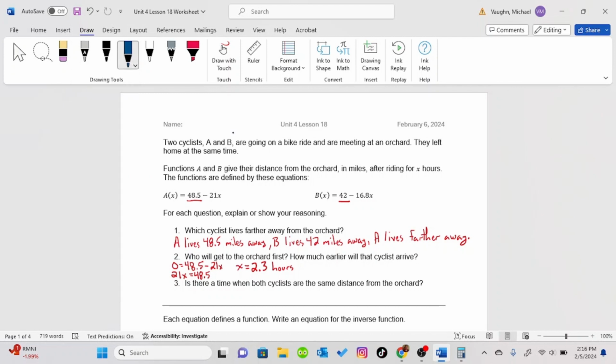Now we're going to look at B and do the same thing. Set it equal to 0. First, we're going to add 16.8x to both sides.